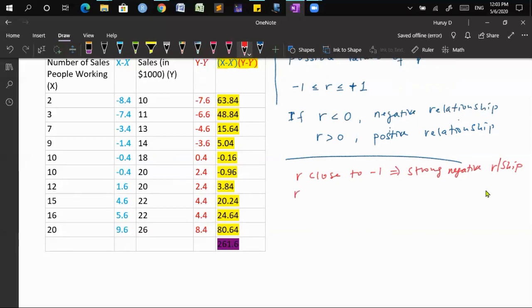If R is close to +1, then there is a strong positive relationship. And if R is close to 0, then we say there is either a weak relationship if it is somewhere around 0.1 or something, or no association.